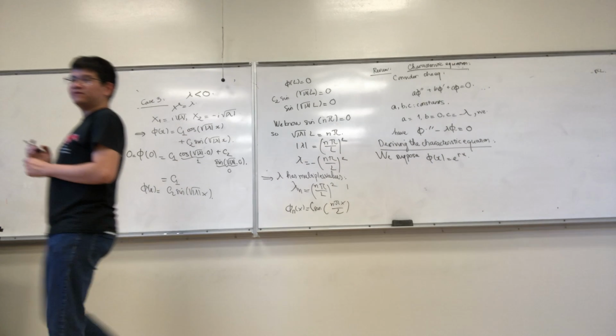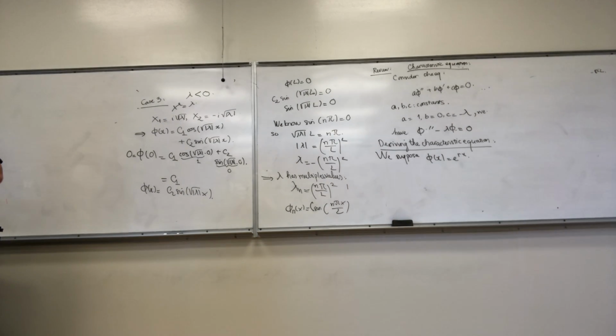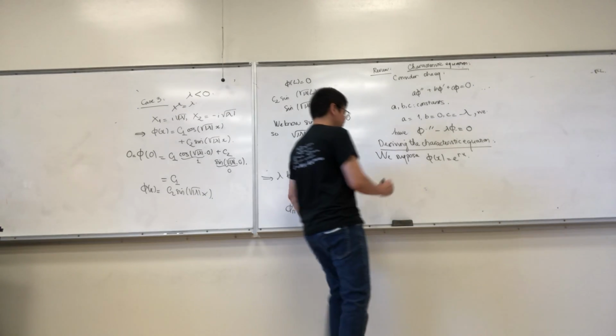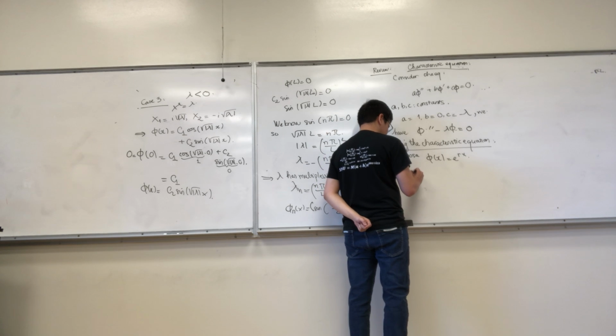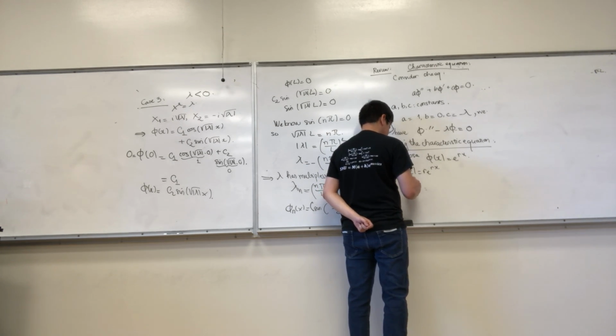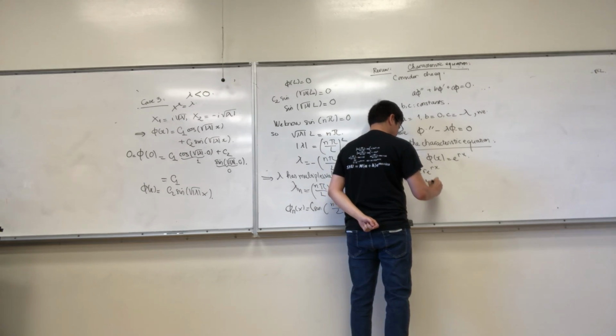So what happens with this function? Take the second derivative, and the first derivative. Now I'm going to take the first derivative of this function. I have r e to the rx. And I take the second derivative, which is r squared e to the rx.